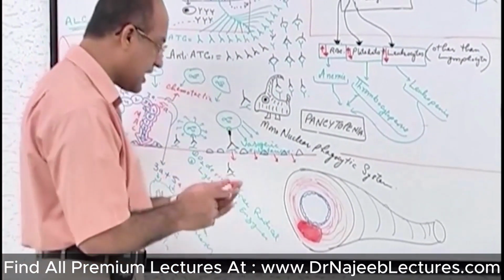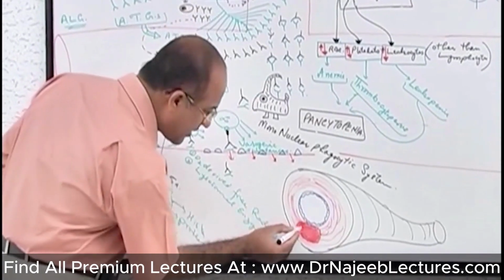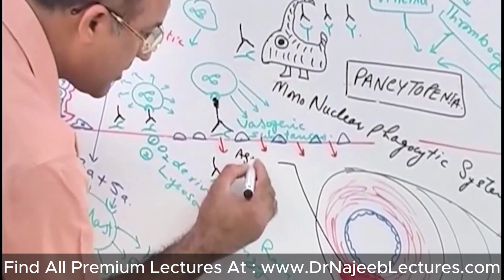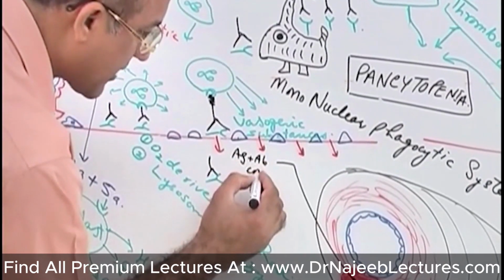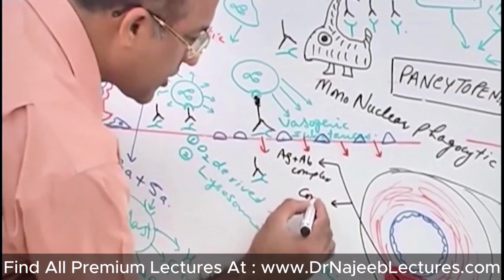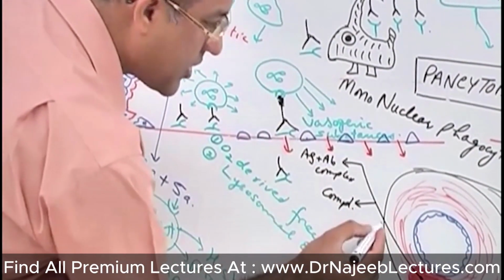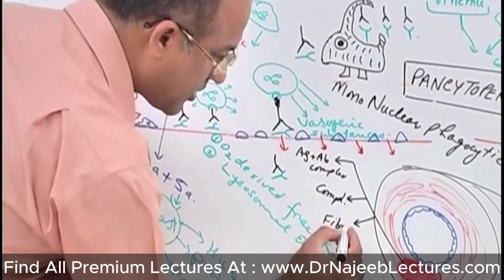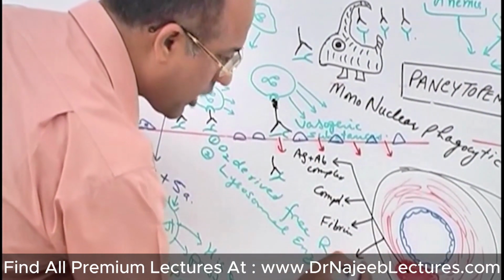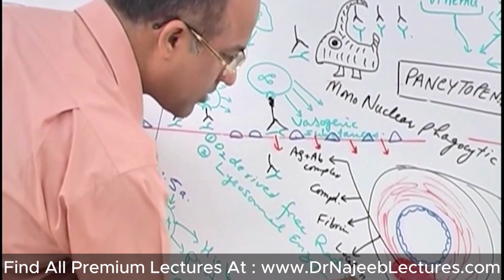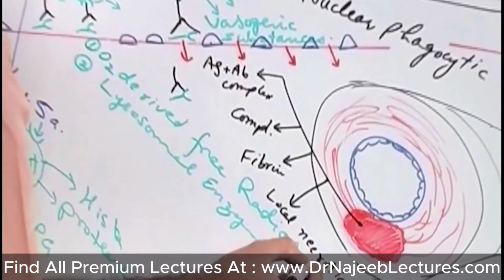But what is this material? The material which is deposited here is antigen plus antibody complex. They are deposited there, plus complements are deposited there, plus fibrin is deposited there, plus local necrotic tissue, necrotic cells.